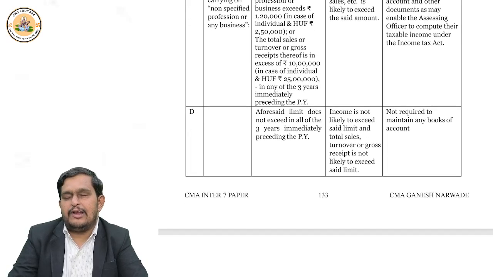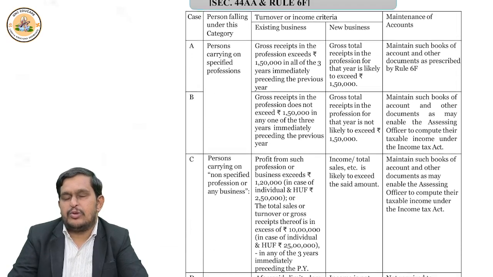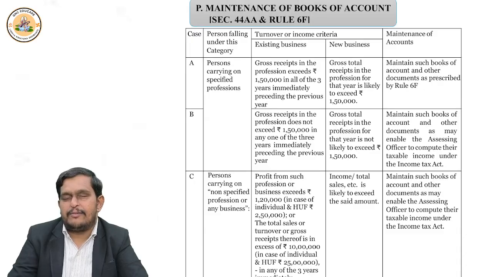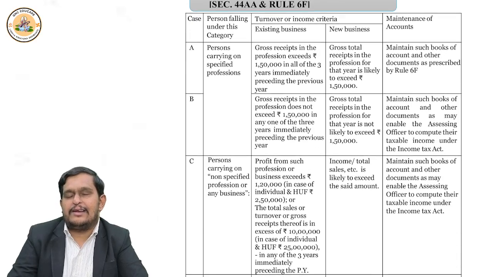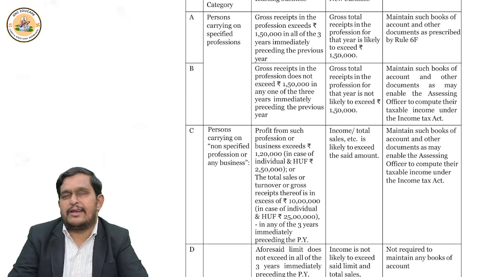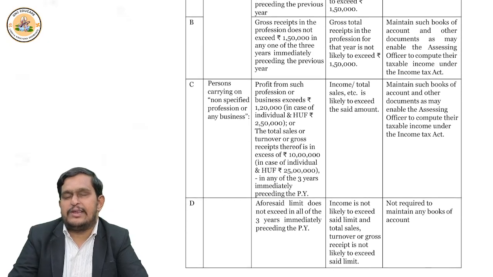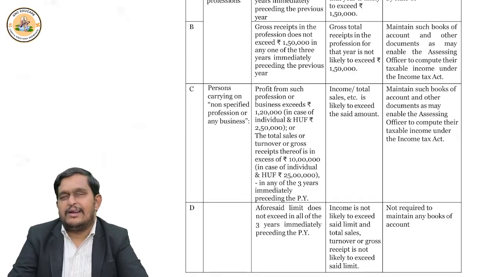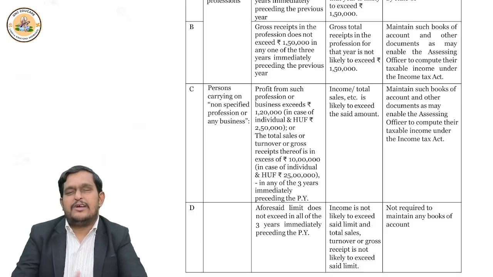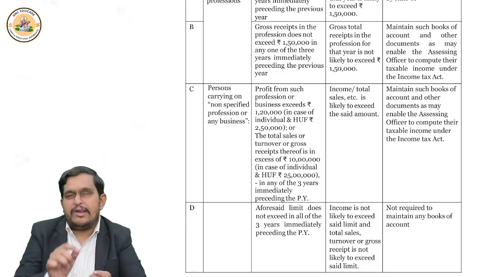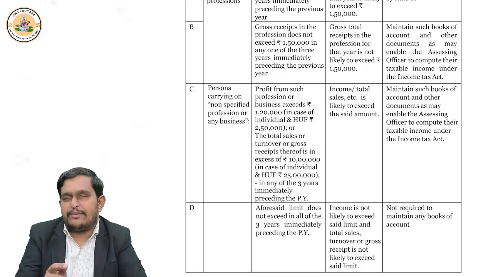Right? For individual, the income limit is 2,50,000. Individual HUF, the income limit is 2,50,000. For other assessees like company, cooperative society, partnership firm, 1,20,000. Whereas turnover limit for individual HUF is 2,50,000 and oh sorry, am I right? Wrong? Okay, let me recap for you. What I said, income limit for individual HUF, how much? 2,50,000.